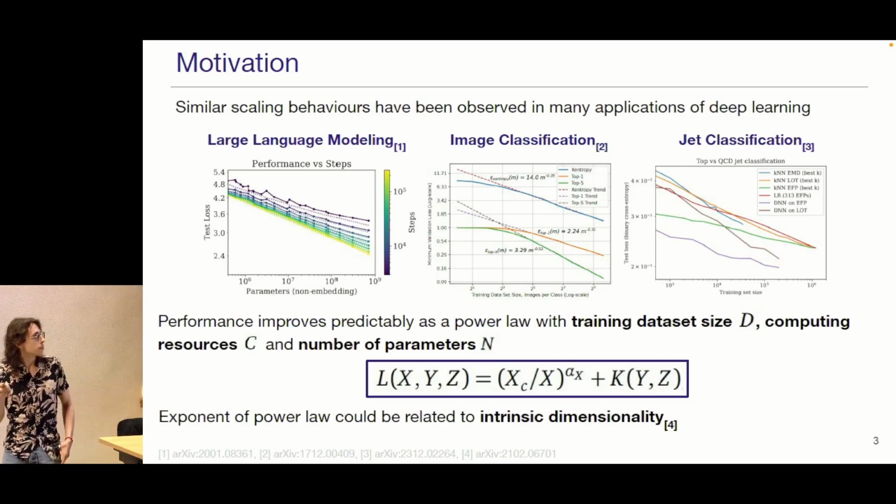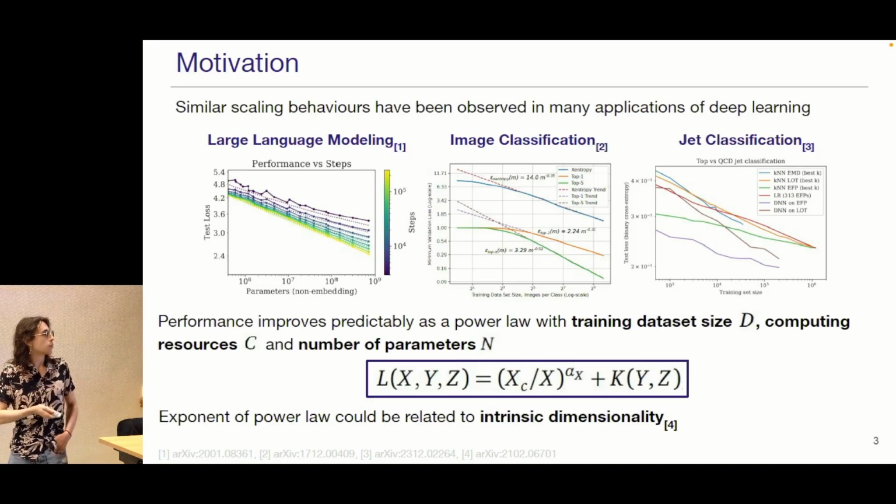To put a bit more context, very similar scaling behaviors have been observed in a lot of applications of deep learning: in large language modeling, image classification, and shape classification in physics.